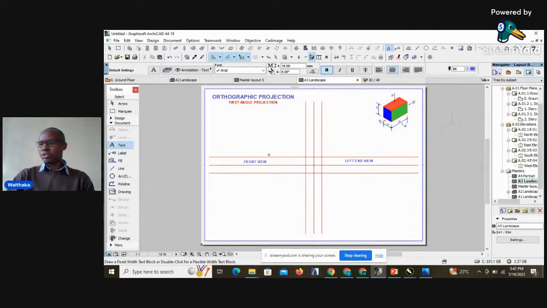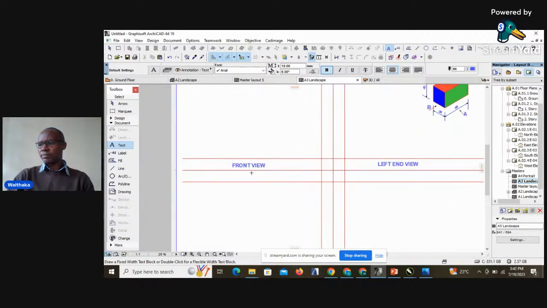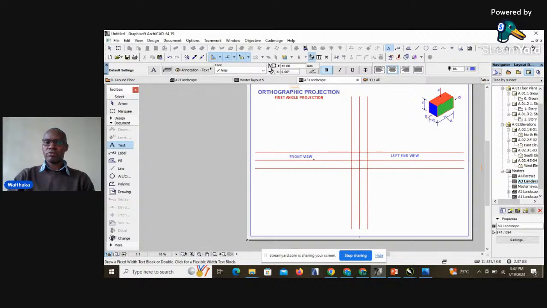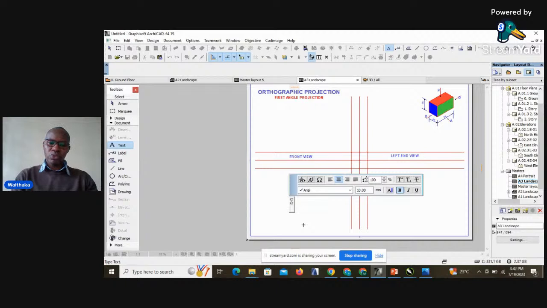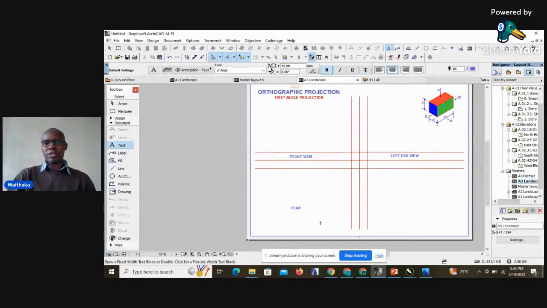So we'll have our front view at this point, and then we have our left end view towards the right of the front view. And then below the front view, we will have the plan. We'll place our plan there.